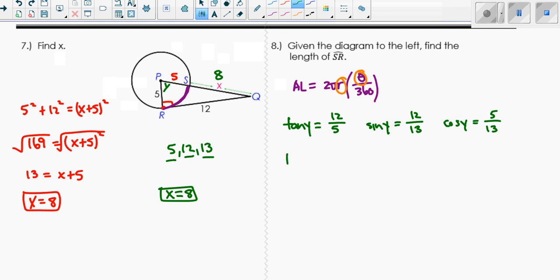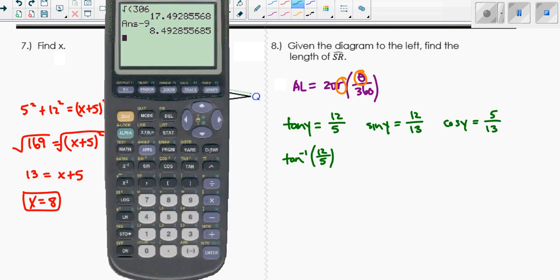Remember that in order to solve this, we have to do the inverse of the ratio. Since I can't take the tangent of y since I don't know what it is, I do the inverse on the other side. So tangent inverse, that's what undoes tangent, of 12 divided by 5. This tells me that y is about 67.38.